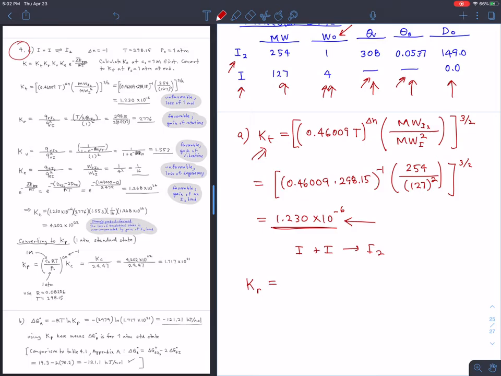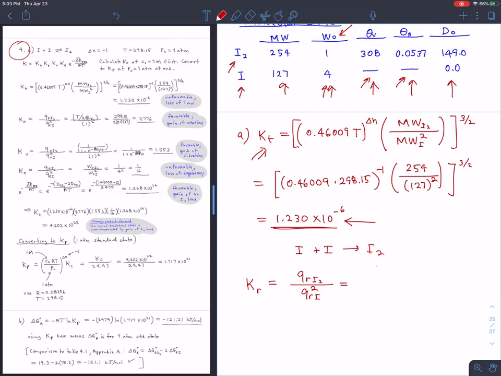Always, these factors are as if you were writing an equilibrium constant with concentrations, but you use partition functions instead. So for Kr, it's going to be the Qr for I2 over the Qr for I squared, because there's 2 I's.